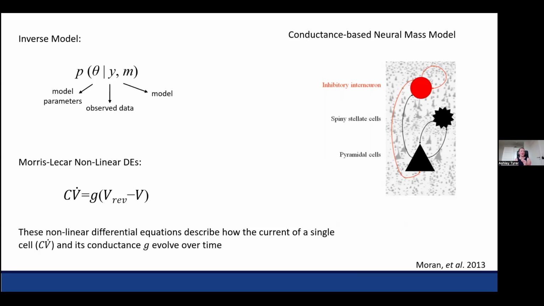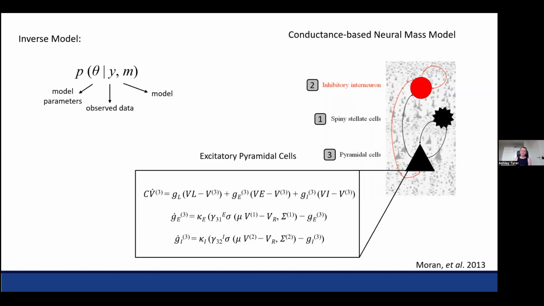So we have excitatory spiny stellate cells that are in the granular layers of the cortex, and it also models inhibitory interneurons and pyramidal cells in the extragranular layers. And these cell subpopulations are all interconnected both within sources by intrinsic connections and between sources by extrinsic connections. And you can also expand this equation to describe single cell currents in each of these different cell subpopulations.